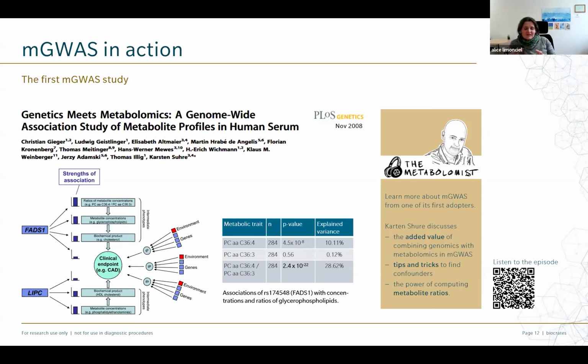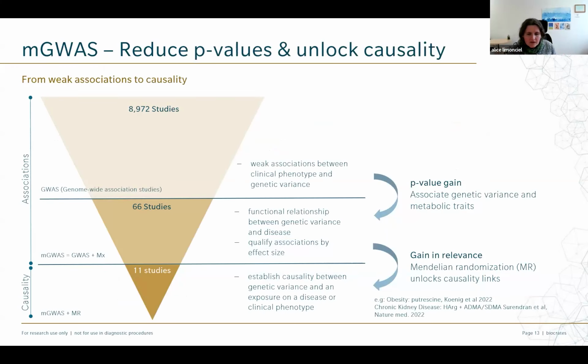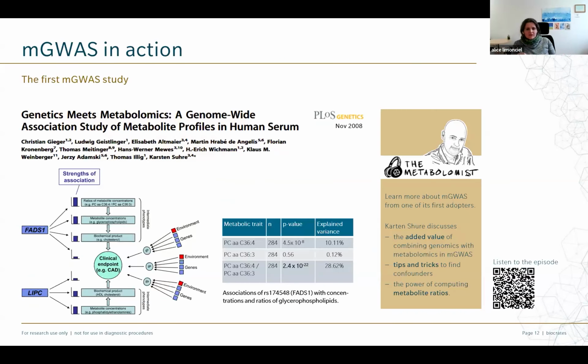But what was really interesting here is that they made the ratio of the substrate and the product of the enzyme that was encoded by this gene, and then they basically exploded the p-value of the association. I'm sorry, I have to go back. Of the association here. This is what you see in the little table at the bottom.